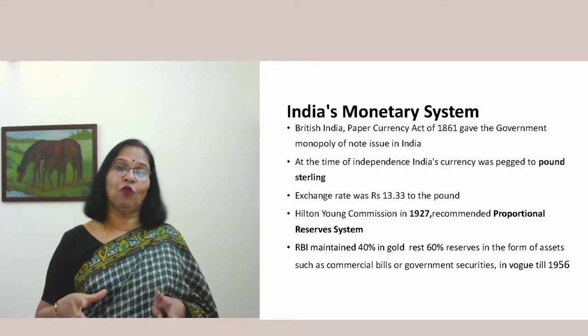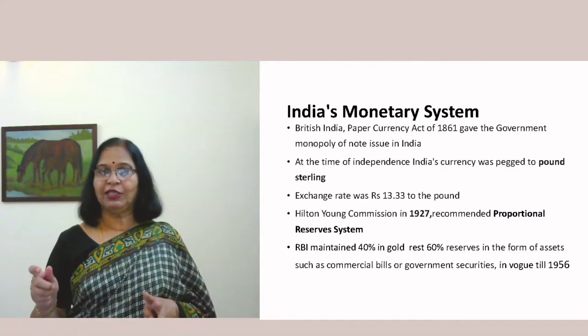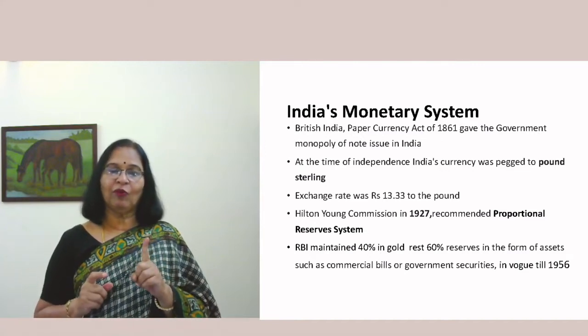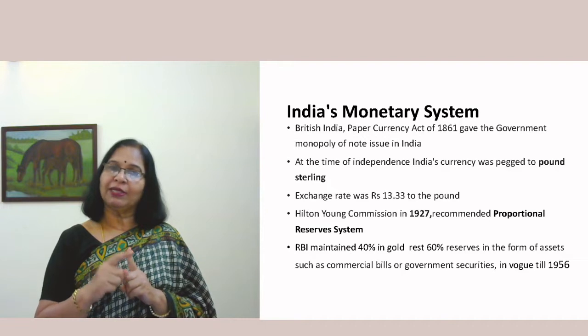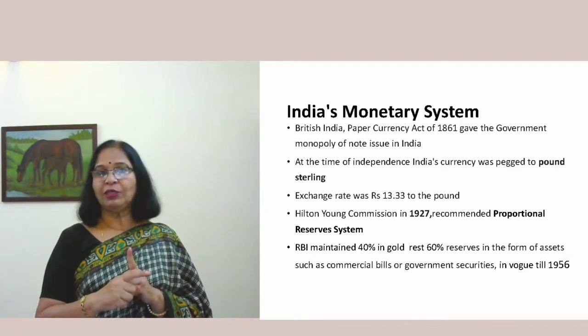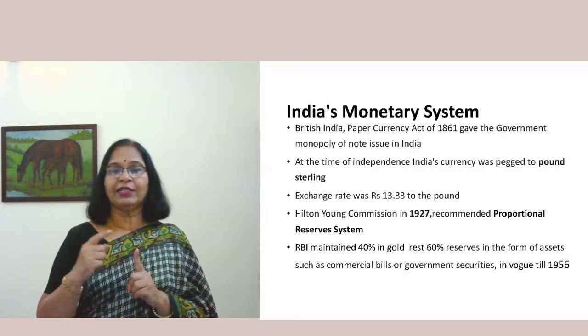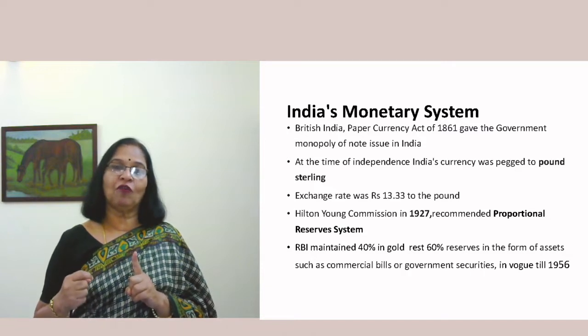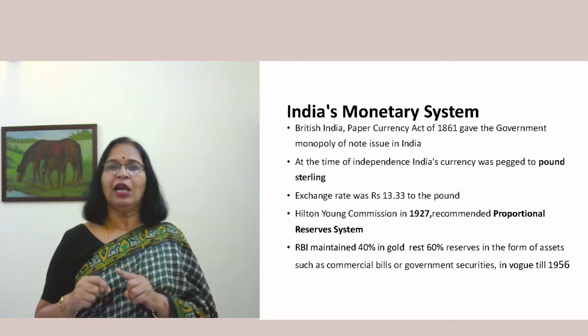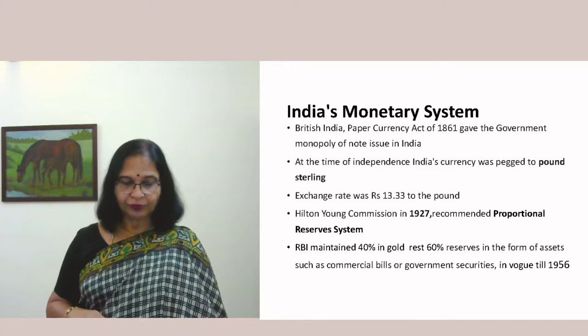This system was in vogue till 1956. So that means for every 1 rupee that is printed, 40 paise worth of gold should be there with the government reserve, and 60% should be kept as a reserve of foreign securities and currencies and domestic bills.